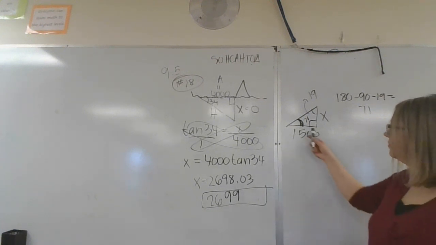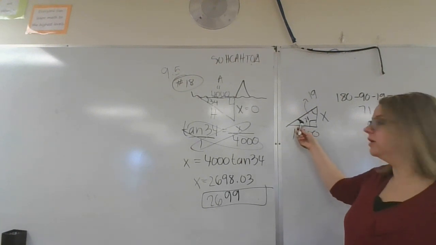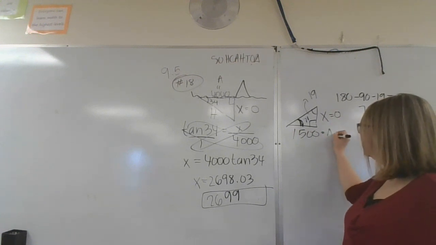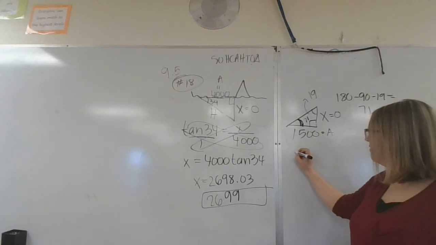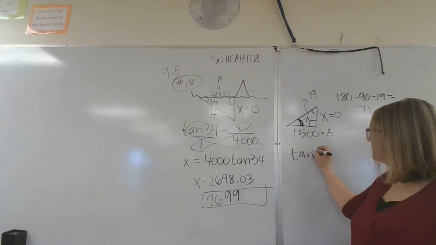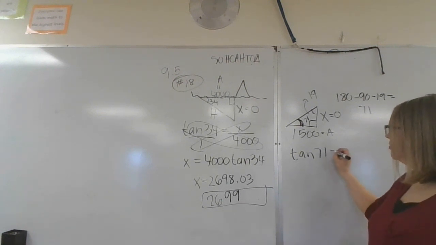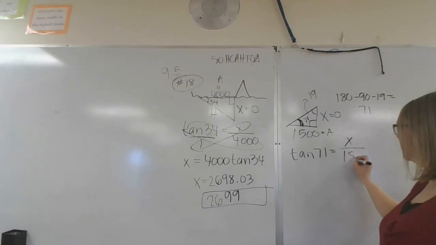Okay, now let me list all the sides according to this angle here. This is my opposite side. This is my adjacent side. So again, we're going to use tangent. So I have tangent of 71 equals opposite, which is x, over adjacent, 1500.